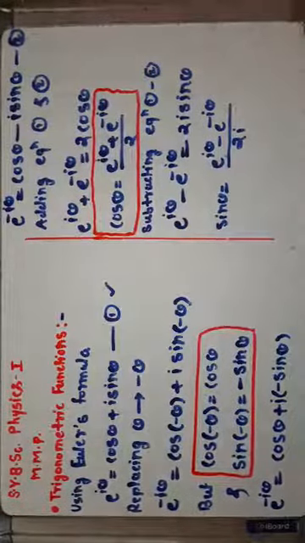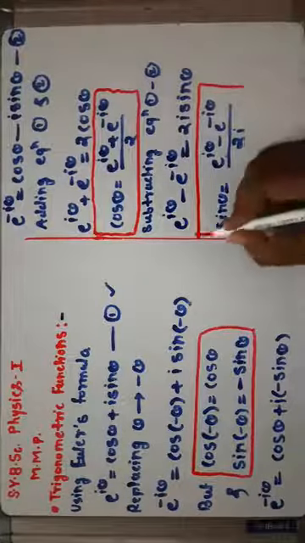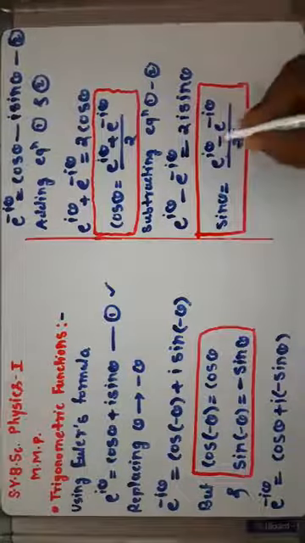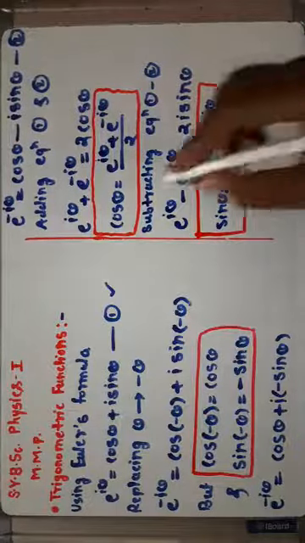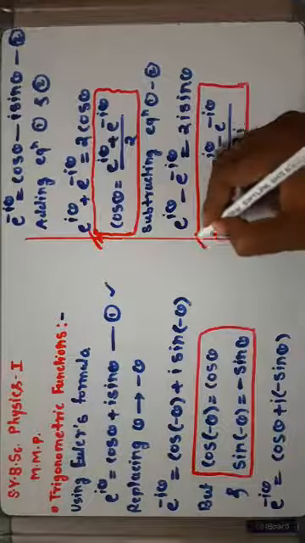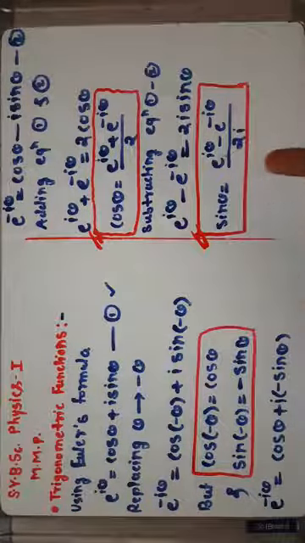This is sin theta is equal to e raised to i theta minus e raised to minus i theta divided by 2i. Must remember this, okay? Then we calculate tan theta. Tan theta means sin theta divided by cos theta.